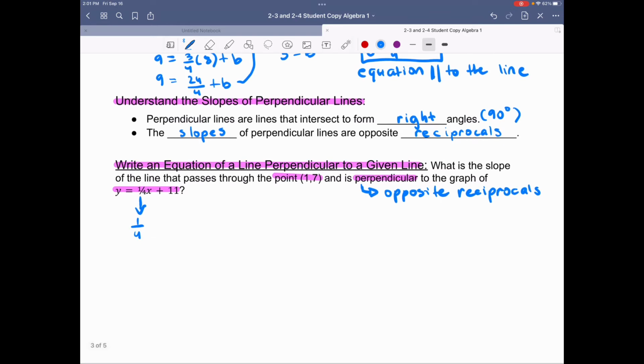When we take the opposite reciprocal of the rise over run, what we mean is that we will take the run, and that will end up on the top, and we will negate it so that it'll become a minus run, and then the rise will end up on the bottom of the fraction.